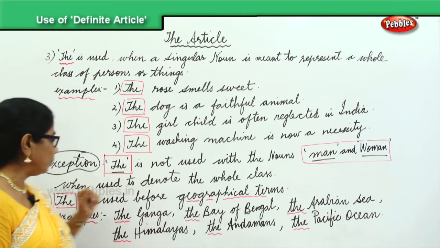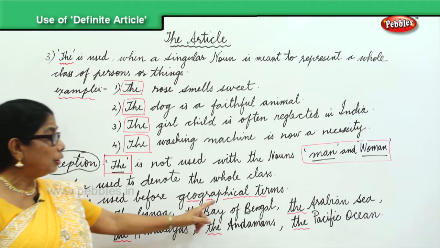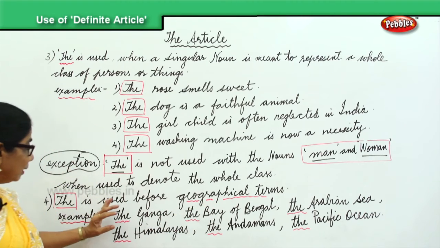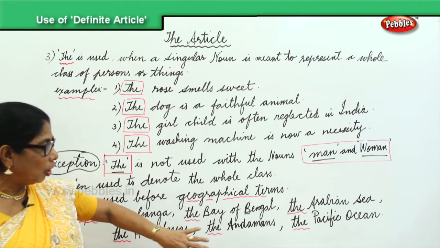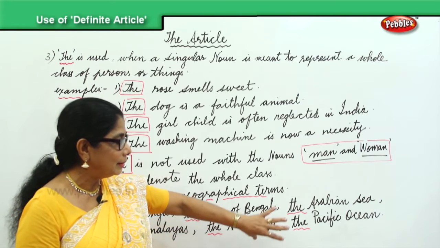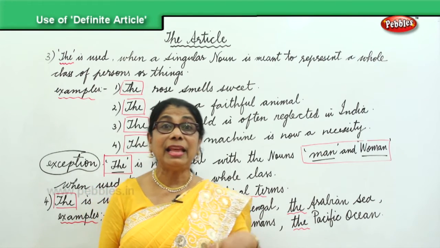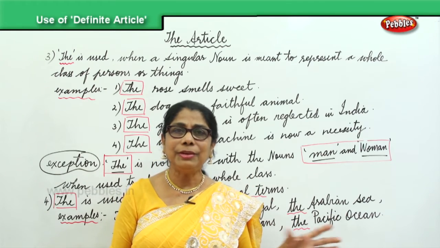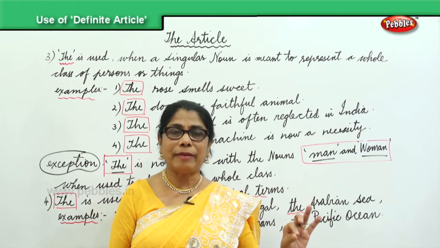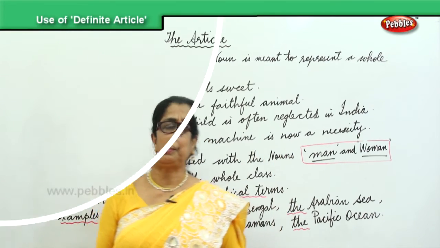Then in the fourth category, the is used before geographical terms like the Ganga, the Himalayas, the Bay of Bengal, the Andamans, the Arabian Sea, the Pacific. Then we can say the earth, the sun, the sky, anything to do with nature. We have to use the.